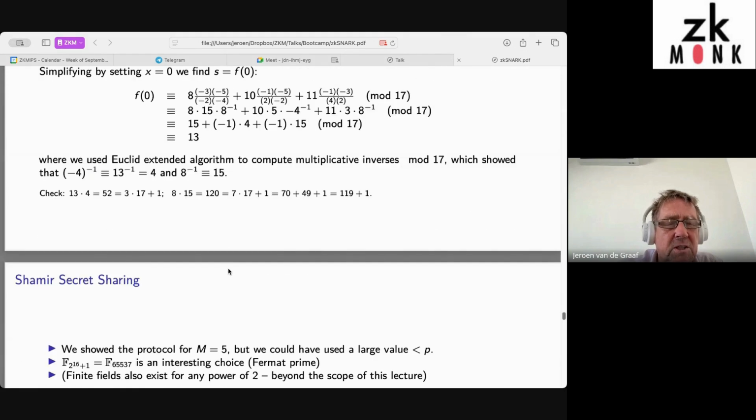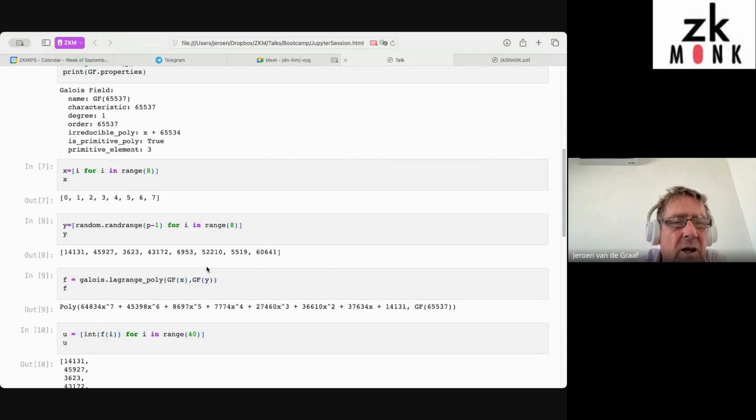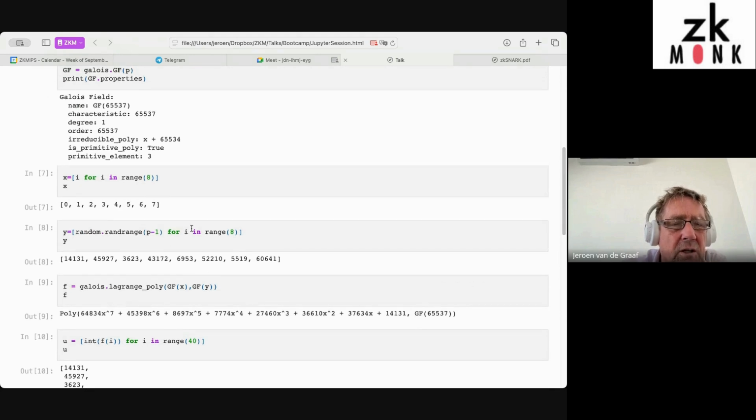And so this is what I was trying to show you in this session, because here I'm telling this Galois program what the X values are. These are 1, 3, and 5. I tell it what the Y values are, and then I'm asking it to do Lagrange interpolation.